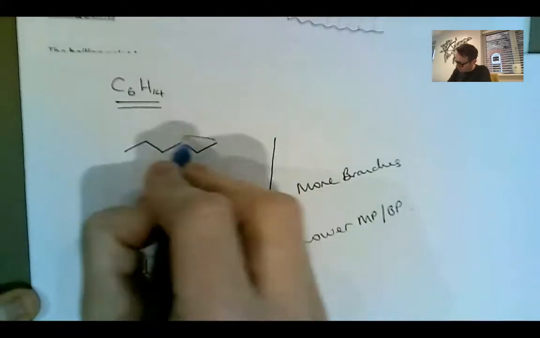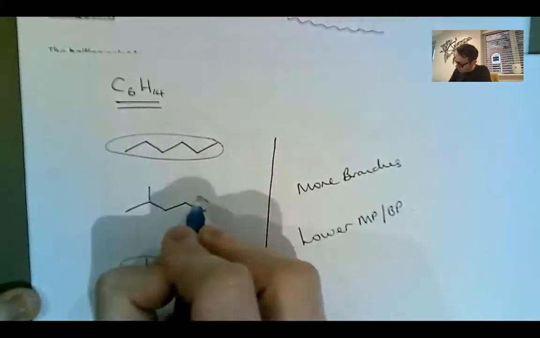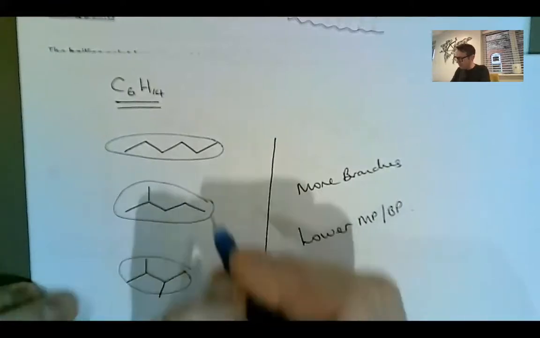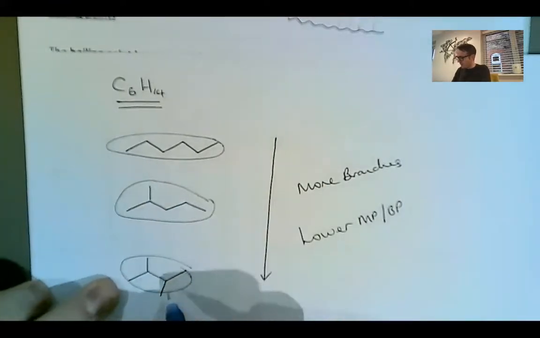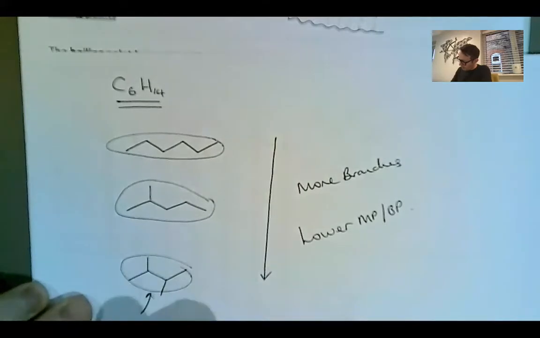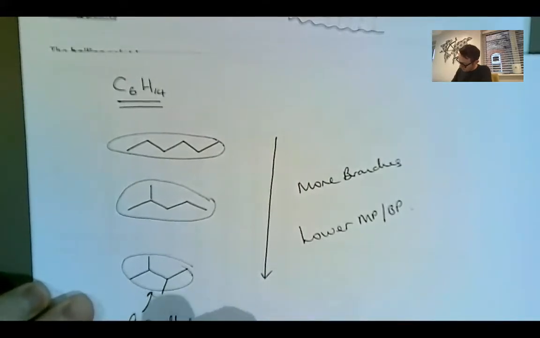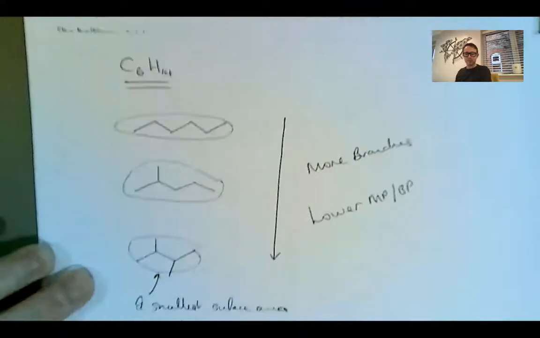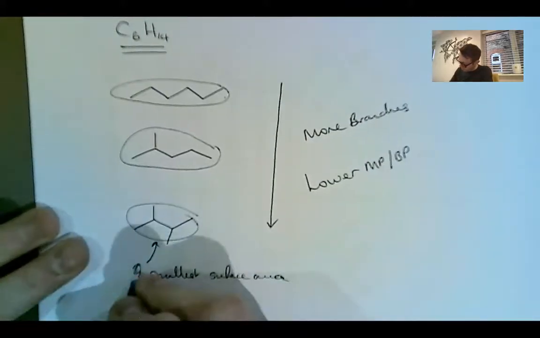This one is quite long and thin. This one's a little bit shorter and a little bit rounder. This is even shorter still and even rounder. And so this is going to have the smallest surface area compared to this one.